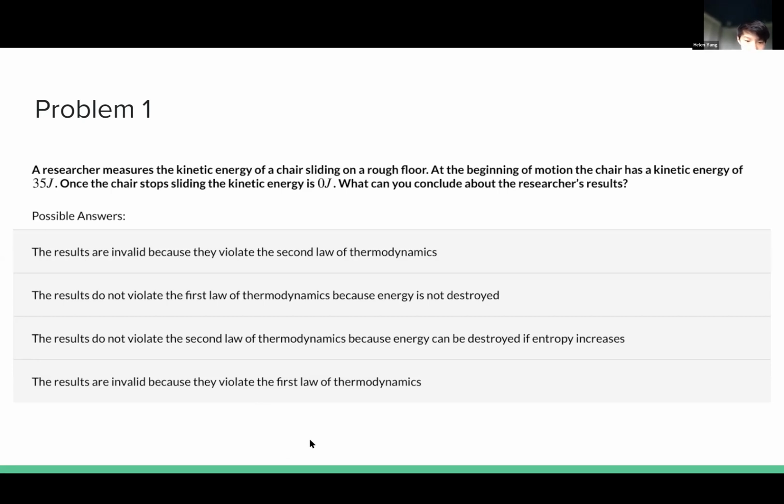Okay, for this question, it says a researcher measures the kinetic energy of a chair sliding on a rough floor. At the beginning of the motion, the chair has a kinetic energy of 35 joules, and once the chair stops sliding, the kinetic energy is zero. What can you conclude from the researcher's results? If you look at the possible answers, they talk about the two laws of thermodynamics that we learned, and you can already cancel the first and third one because this problem has nothing to do with entropy and the second law of thermodynamics.